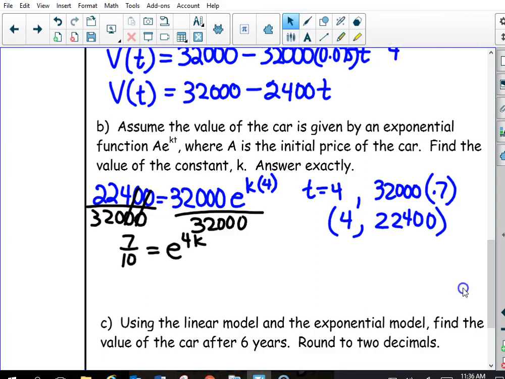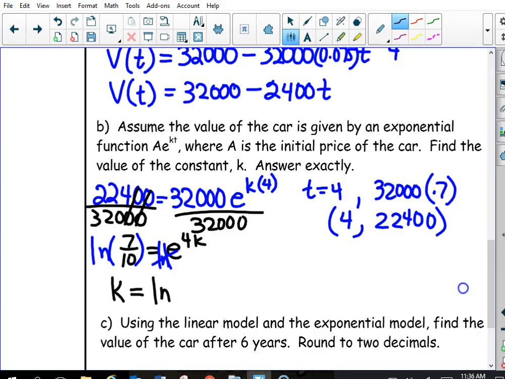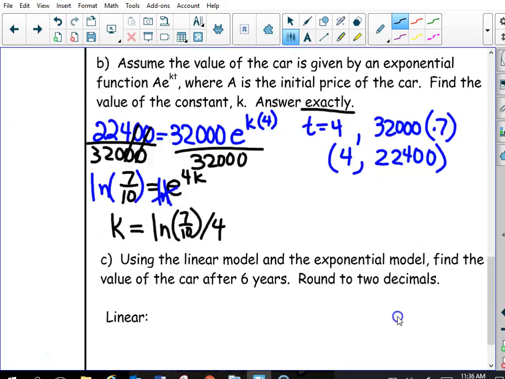Now I'm going to apply my logarithm to both sides. So that cancels out with my e. And I get k is equal to ln 7/10 divided by 4. And that is the exact answer. And they did want some of these in exact form. So that's my value for k.